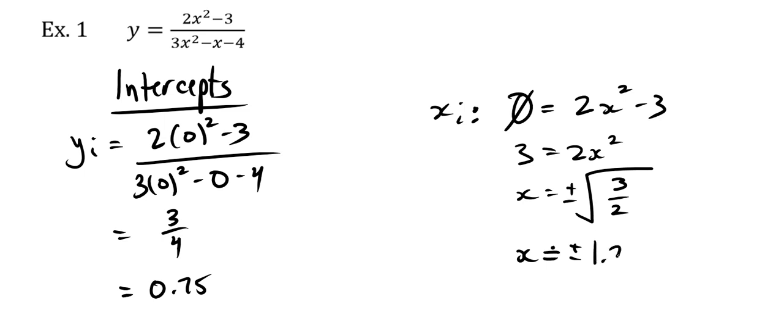I got 1.22. And that's it. We've got our intercepts. Okay with that? Yes? No? How do we feel?